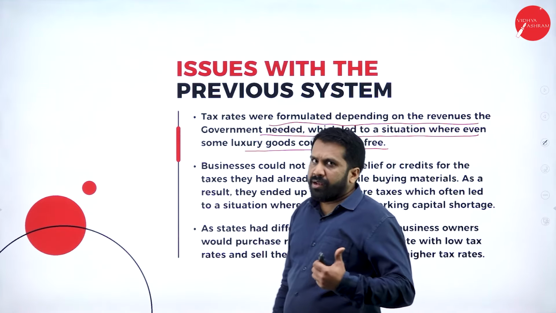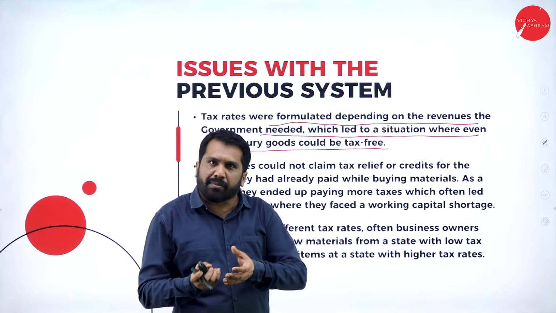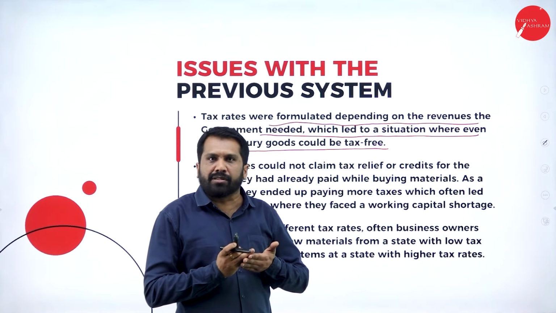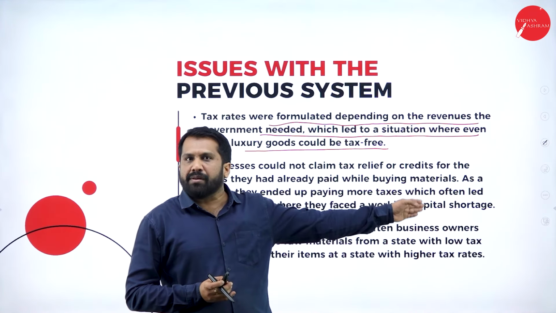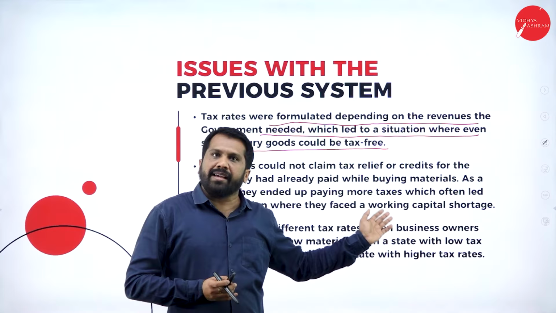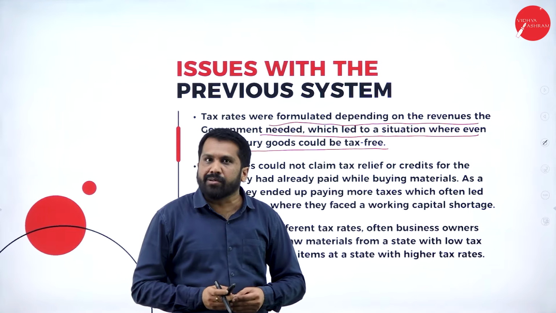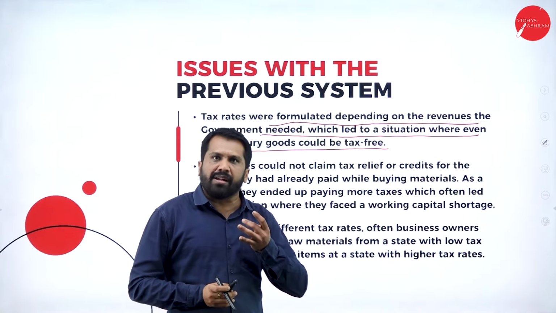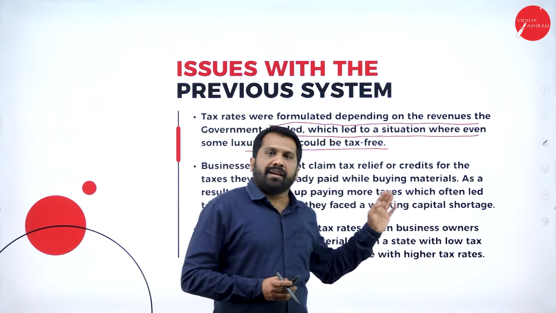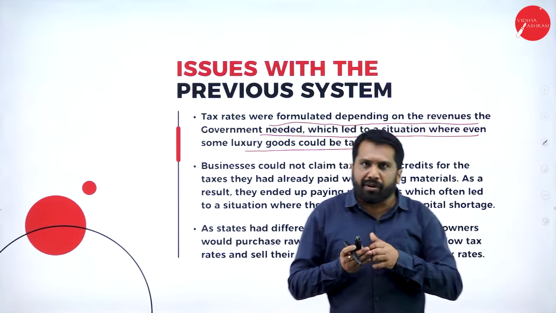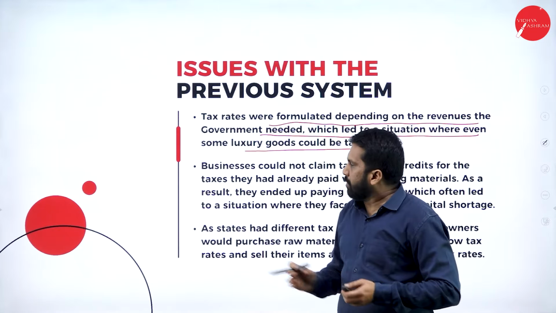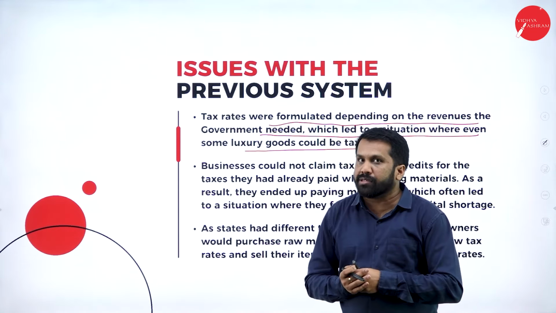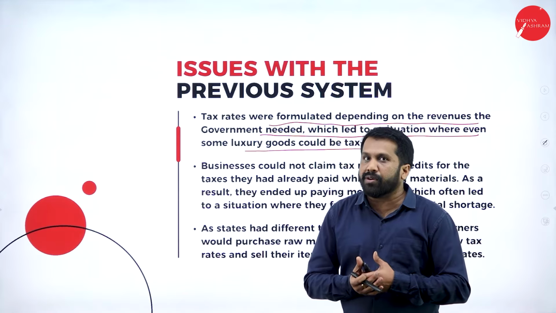See, there are two types of car. You can go with a Maruti Alto, or you can go with a BMW, Audi, Mercedes or any other luxury vehicle. BMW, Mercedes and Audi all come under luxury vehicles, and the same tax applied for BMW as for Alto, so the revenue for the government was less.